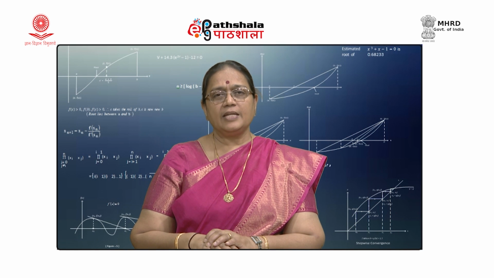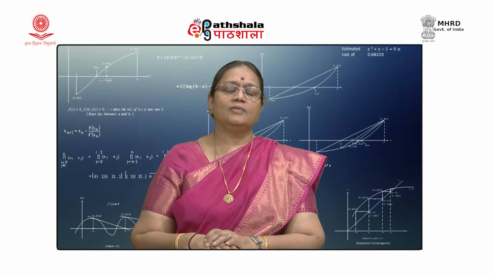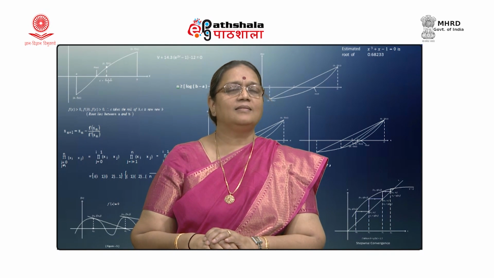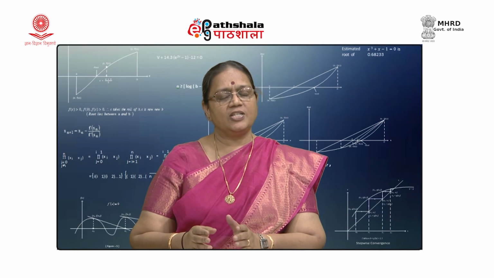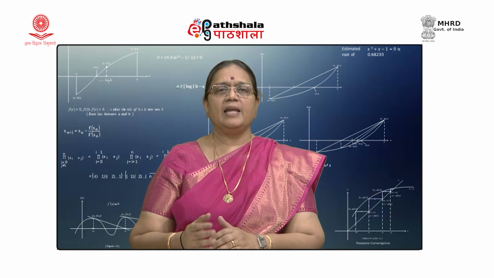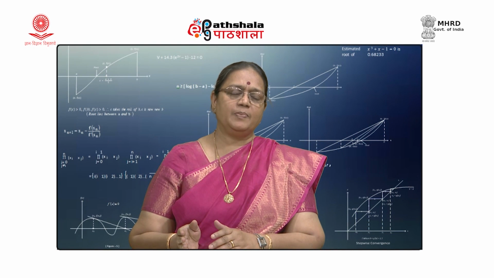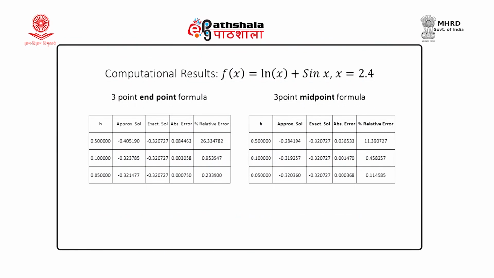Though these are 3 formulas, the first and third formulas as such are not independent. If in the first I change h to minus h, I will get the third formula. If I change h to minus h in the third formula, I will get the first formula, because one of the points will be x0, the other points will become x0 plus h, x0 plus 2h. So, as such these two formulas are not independent.